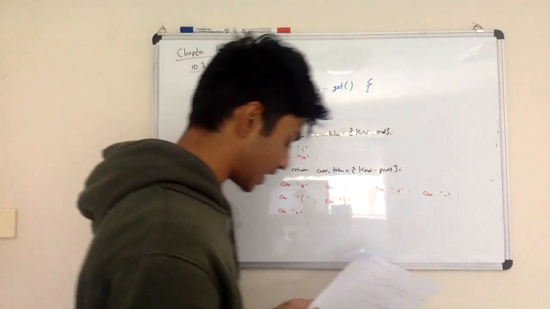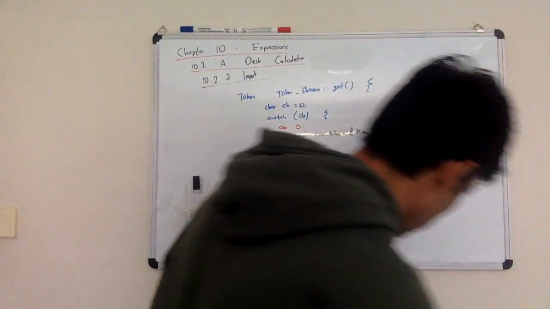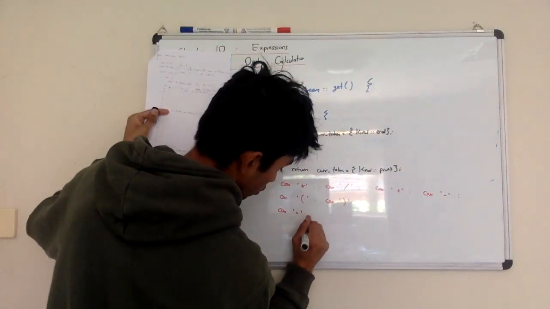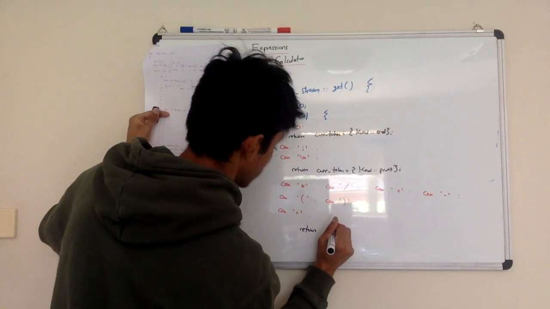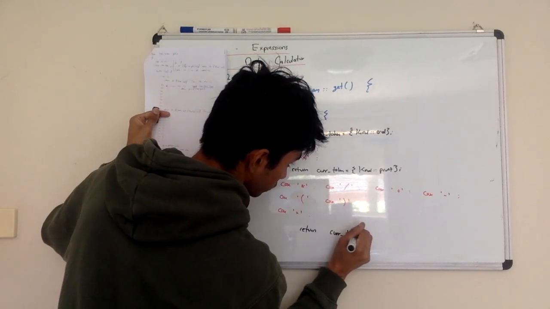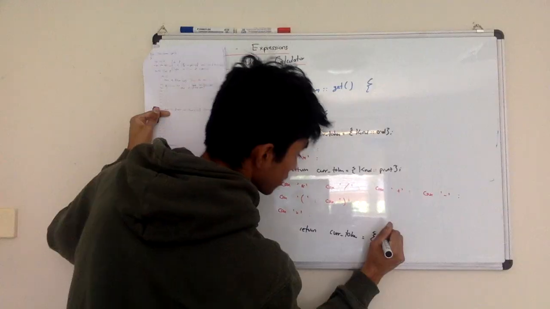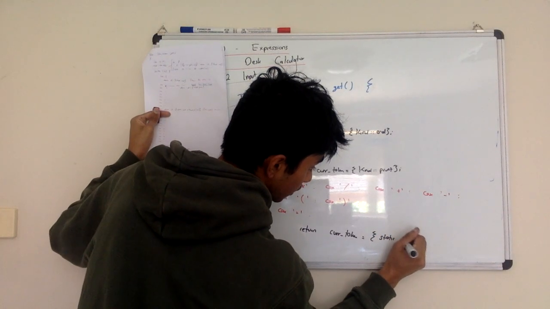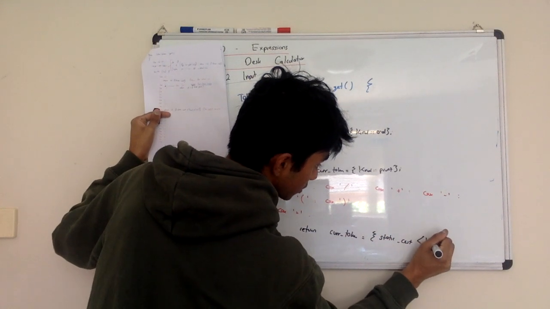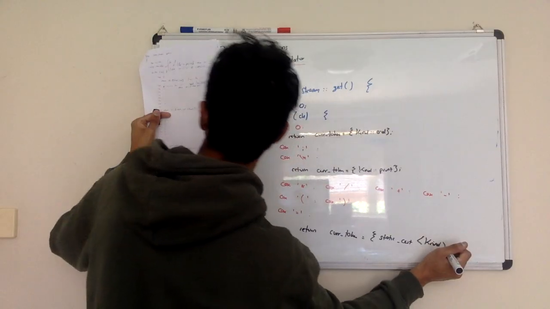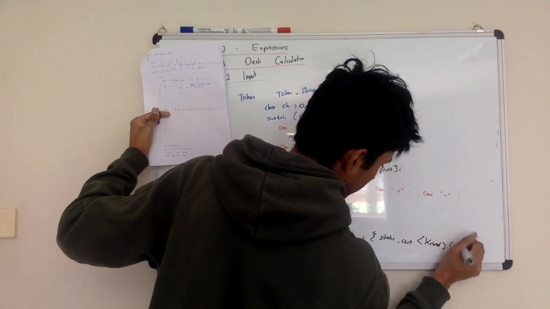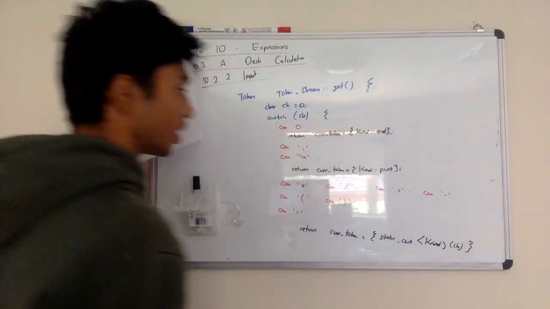So we can use the cascading effect here and do the following. Return current token equals static cast to the kind type, the enum kind, ch.